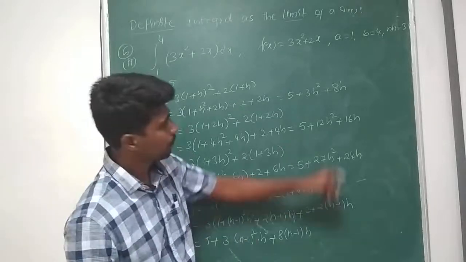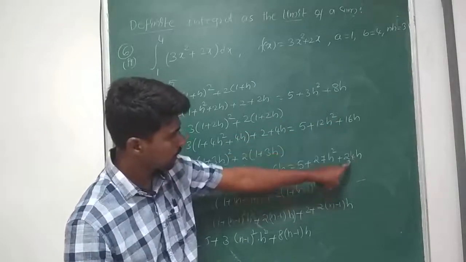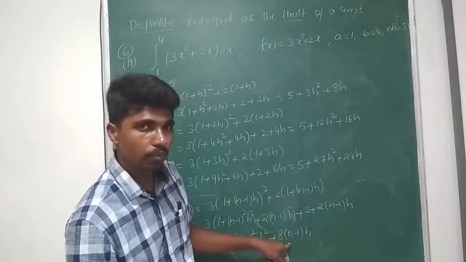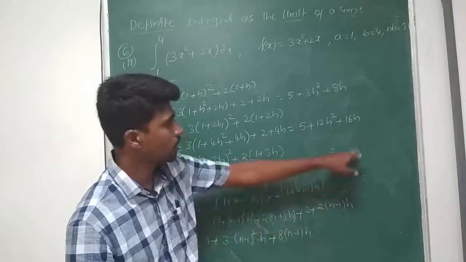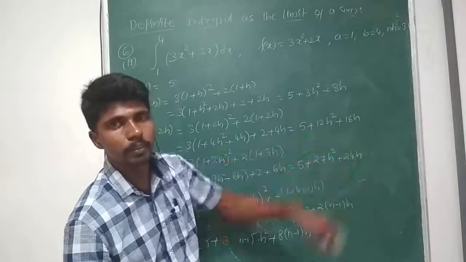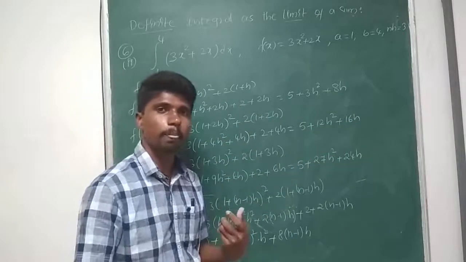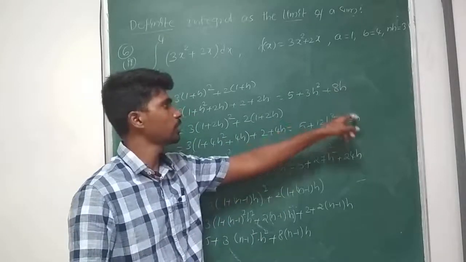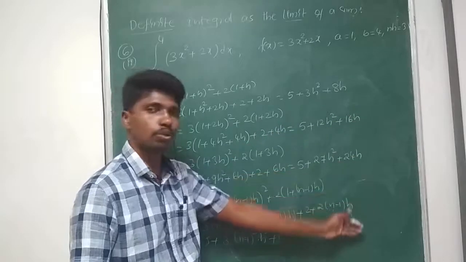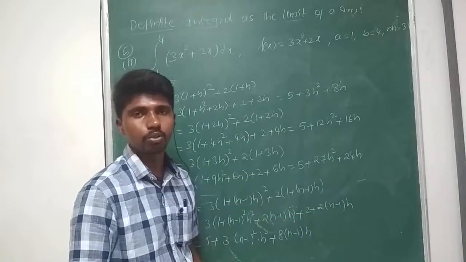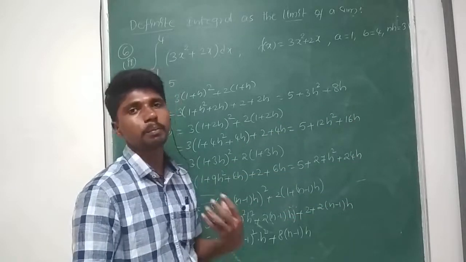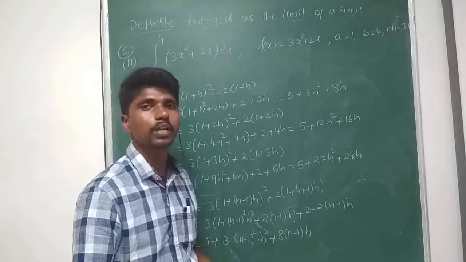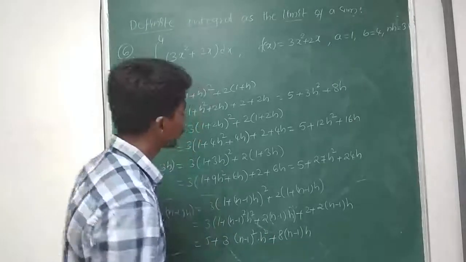And the next, 8, 16, 24, and I have 8 into (n minus 1). So these last terms are all 8 multiples, so I can take 8 common. If I take 8 common, I get 1h, 2h, 3h, and so on, (n minus 1) into h, which is nothing but the sum of the first n minus 1 natural numbers. So I can use that. So let me use it.